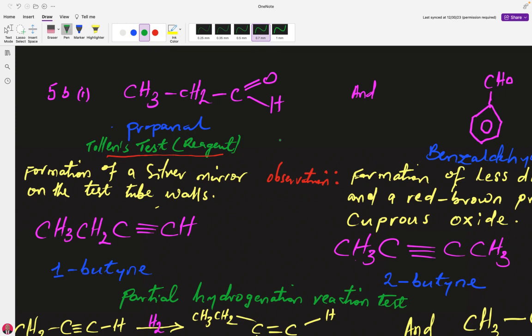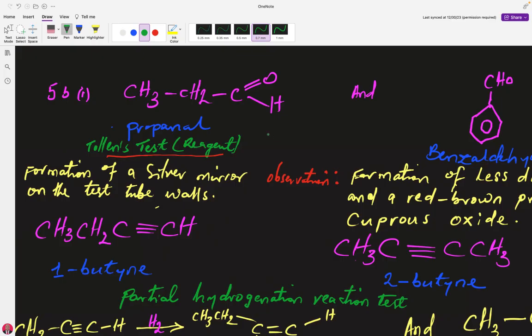So when propanol is added to a Tollens reagent in a test tube, the silver ions are reduced to metallic silver. The equation is there, forming a silver mirror on the test tube walls.